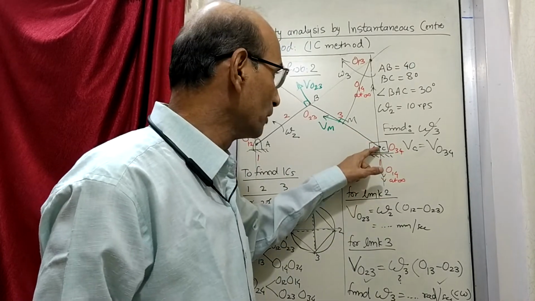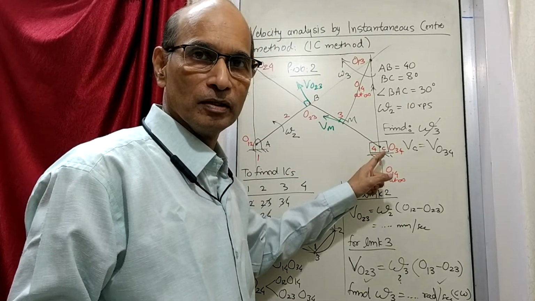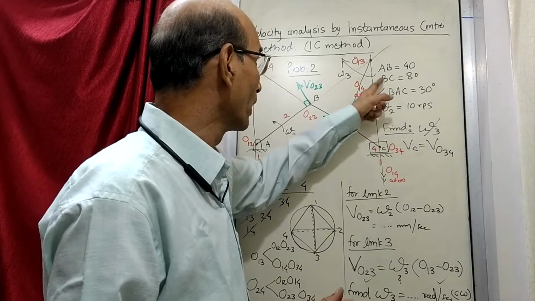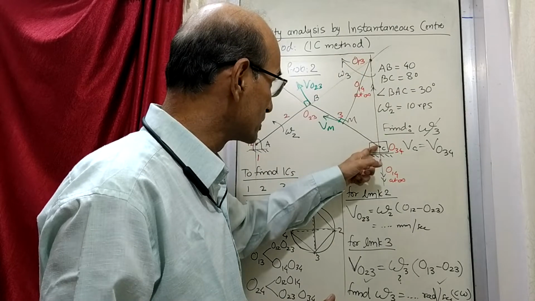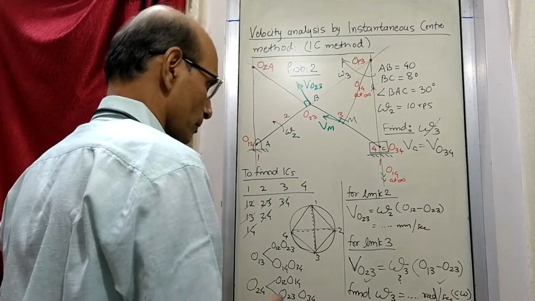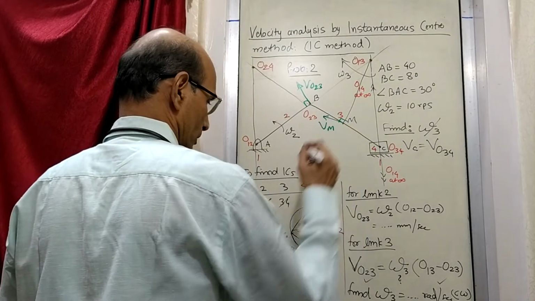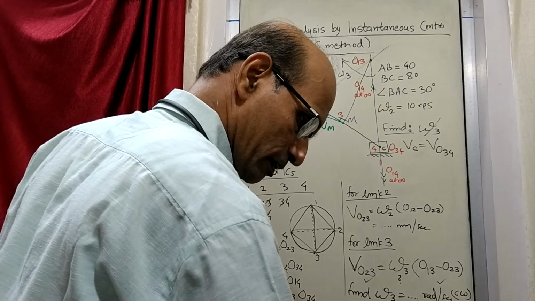So you will see that O34 is also a point on link number 3. So what is the velocity of O34? It is equal to R into omega. Omega is this, omega 3, and R is this. So I'll write it here.